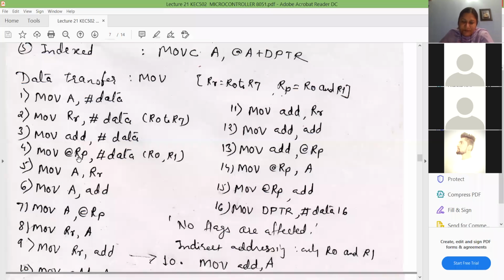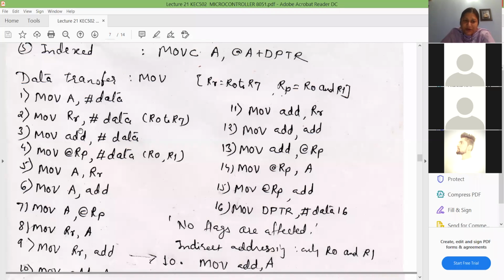Is this clear? Whenever we write Ri, it can be only R0 and R1, and whenever we write Rn, it can be R0 to R7. So if I write MOV Rn, comma, hash data, then how many instructions are such? How many instructions will be? 8. Yes, 8 instructions. Yes, good.